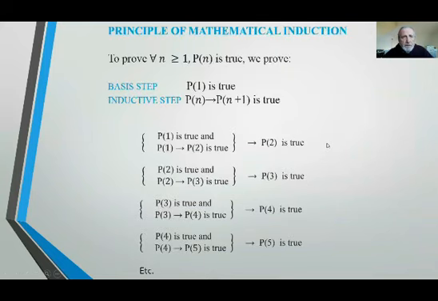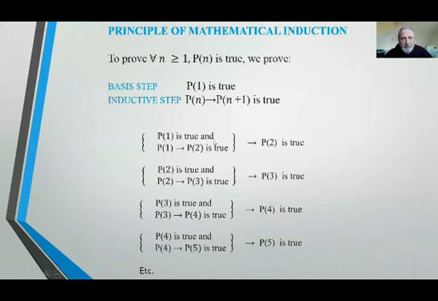Now, what is the principle of mathematical induction? You need to prove for any n greater or equal than 1, Pn is true. What you do, you prove two things: the basis step, sometimes called the base step, and the inductive step. Base step, you prove P1 to be true, and then you prove Pn implies Pn plus 1 is true.